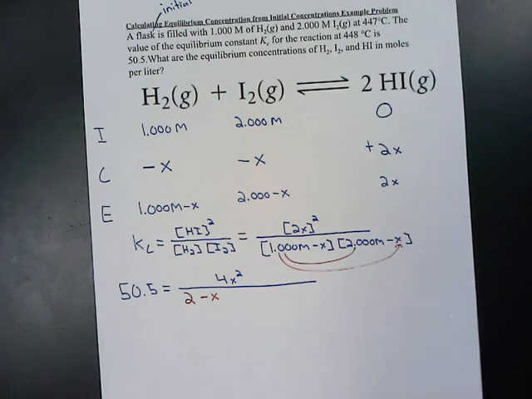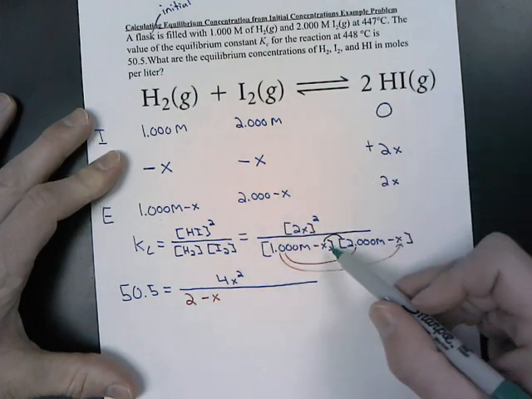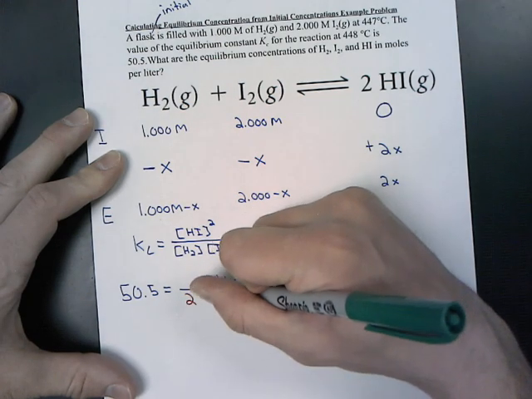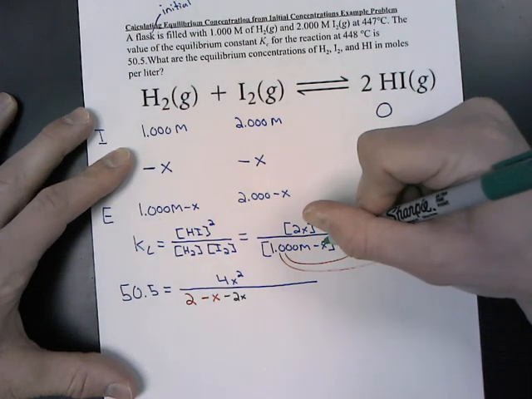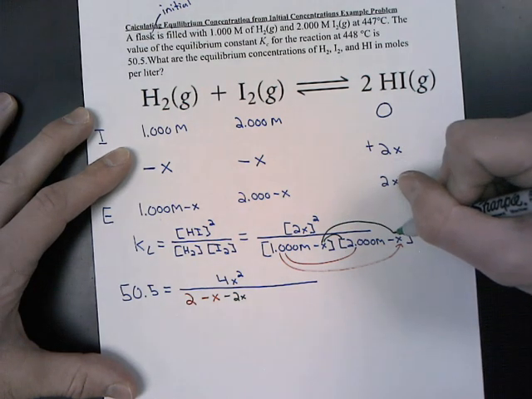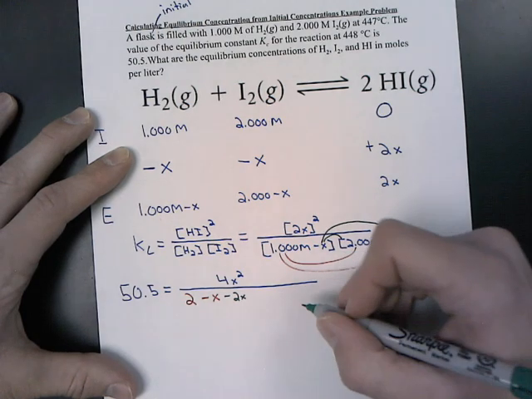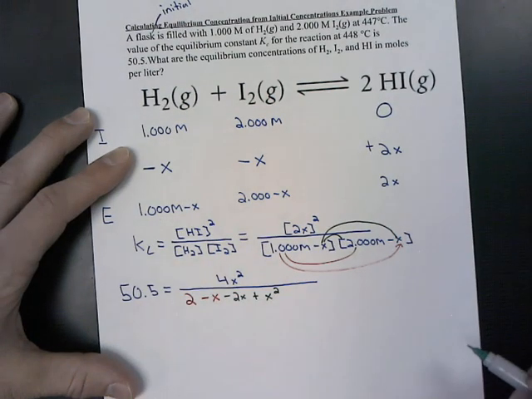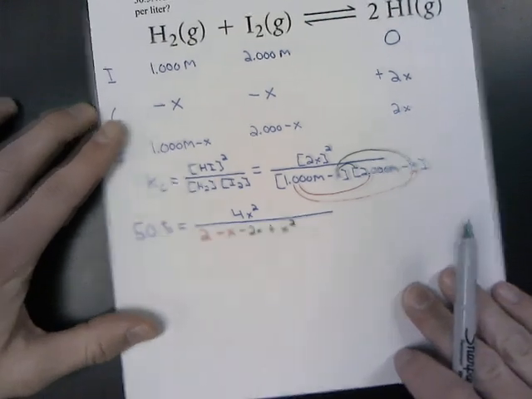I'm going to do my inner, which is 2 times negative x. That gives us negative 2x. And then I'm going to multiply this negative x times a negative x. That gives us plus x squared.